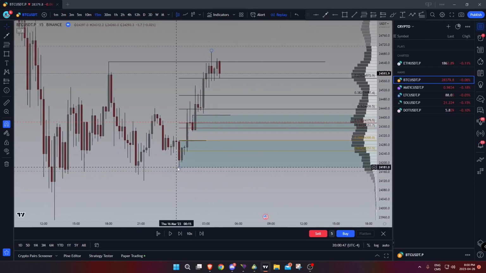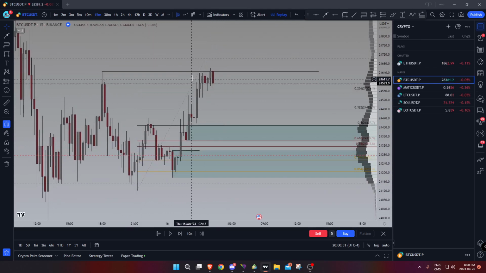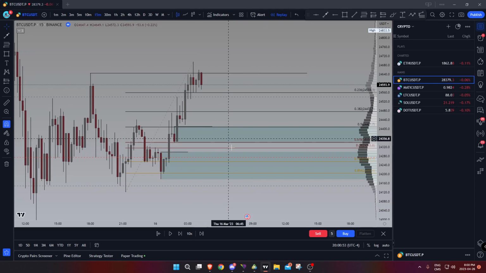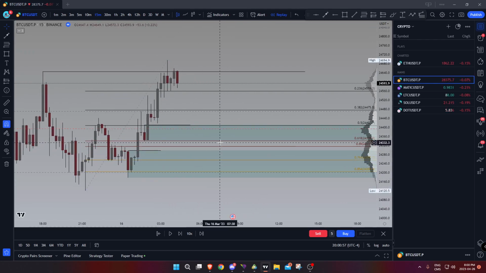No, sorry, this is the move. So we got our fib tool right here, and now what I'm looking for is my golden ratio pretty much inside these two. Sorry, I forgot the word, but it's there.